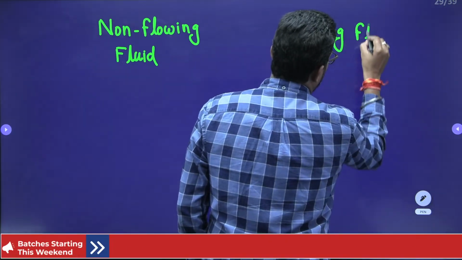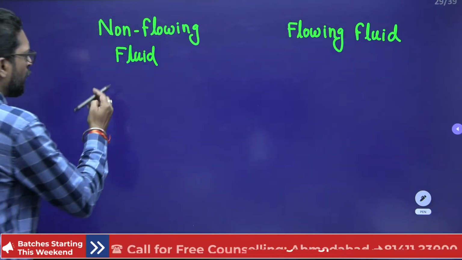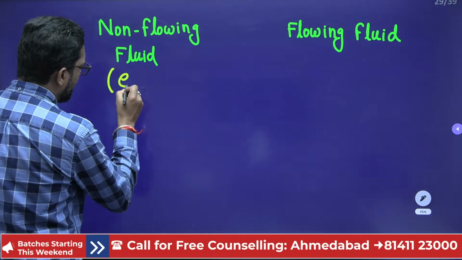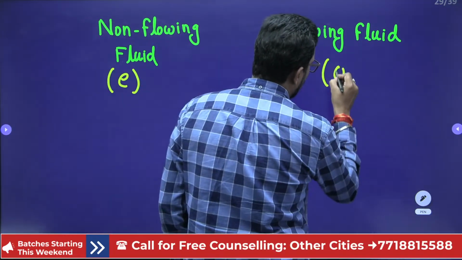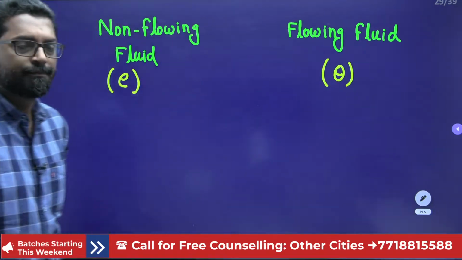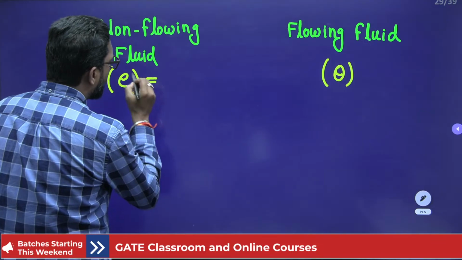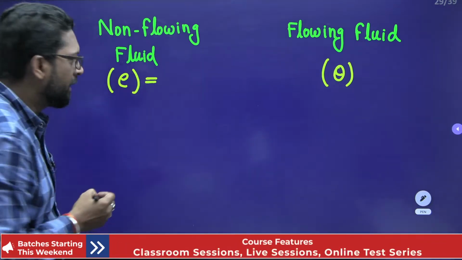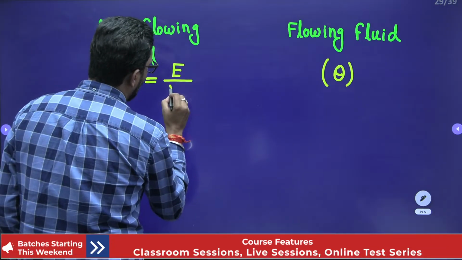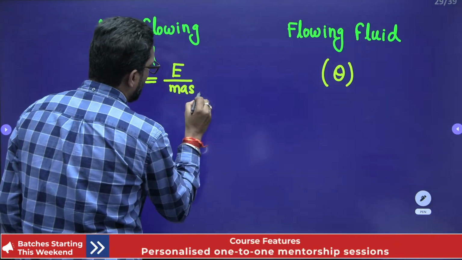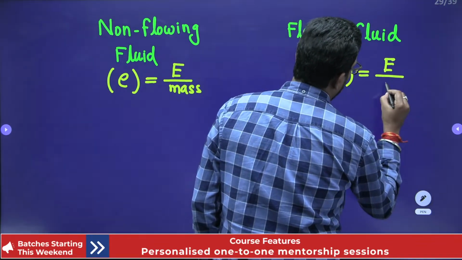Flowing fluid. For the non-flowing fluid, let's suppose E is the energy. For the flowing fluid, let's suppose theta is the form of stored energy. E is the stored energy on a per unit mass basis, okay? That means this stored energy E is per unit mass, and theta is also stored energy per unit mass.